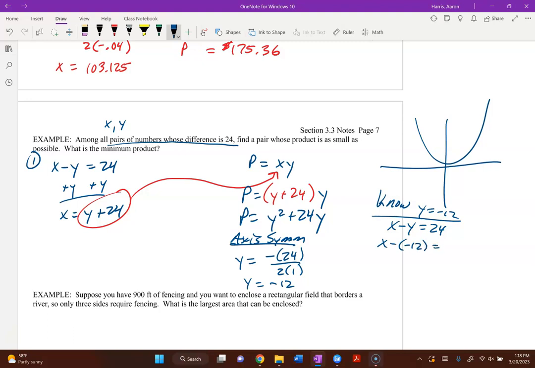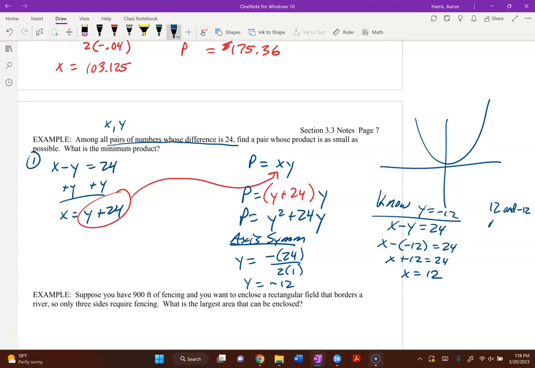Let's throw that in. Subtract 12 both sides, so x is 12. Okay, so our pair of numbers is 12 and y is negative 12.